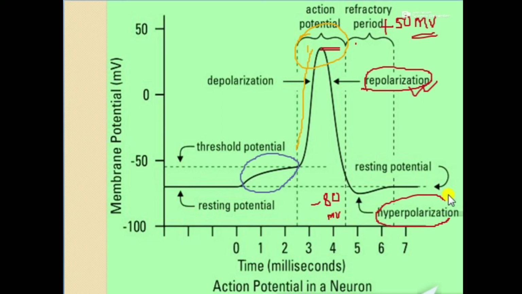After they go into the hyperpolarized state, they need to go back to their polarized state from minus 80 to minus 70. This phase is known as refractory period.